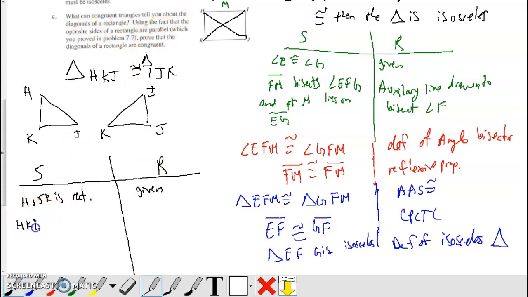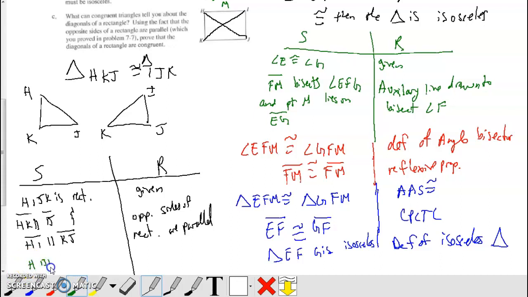So I'm going to say HK is parallel to IJ, and also HI is parallel to KJ, and why? We've already said opposite sides of a rectangle are parallel. If they are parallel, then this is a parallelogram. So now I can say HIJK is a parallelogram, by definition of a parallelogram.